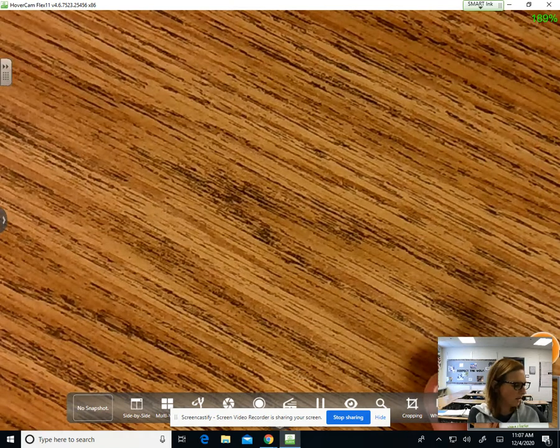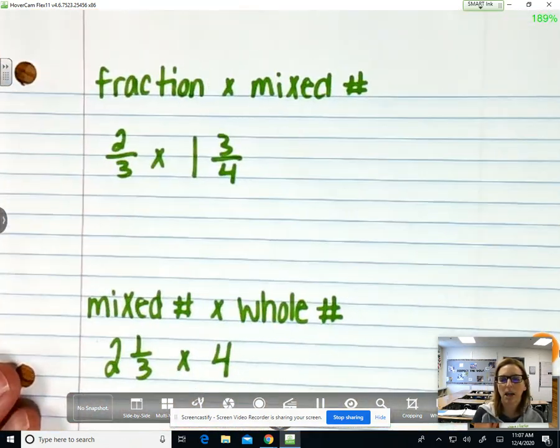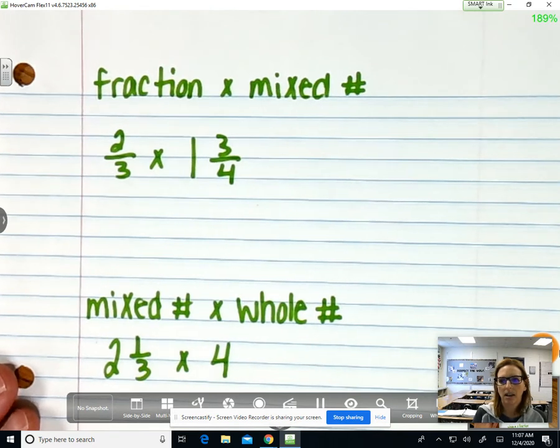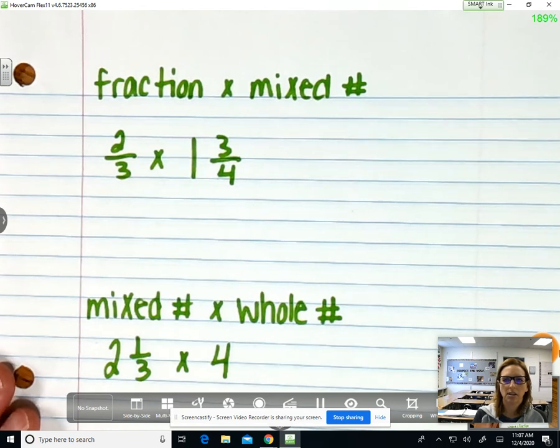Some other ways that you may multiply fractions is a fraction times a mixed number. Now, to make this easier, what a lot of students do is they'll take their mixed number and they will change it to an improper fraction. That way we can just multiply numerator times numerator and denominator times denominator.